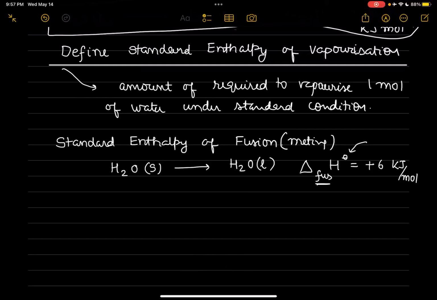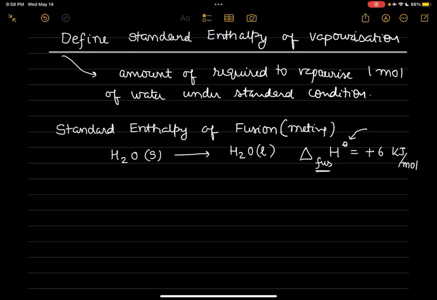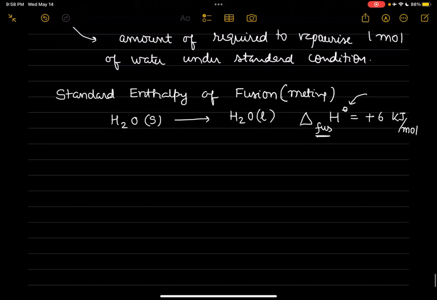Standard enthalpy of fusion is the enthalpy change accompanying the melting of 1 mole of a solid substance. This is for water, but you can define it for other elements and compounds also. So whatever heat is required to melt 1 mole of a substance in its standard state is called enthalpy of fusion.